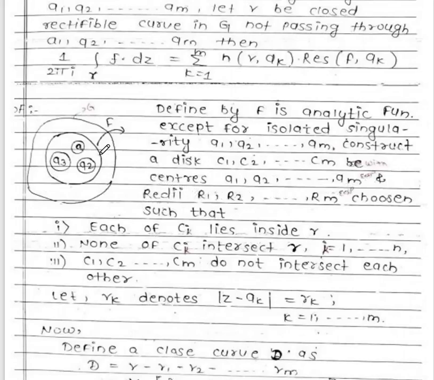Let us construct disks where c1, c2, ..., cm are the centers and a1, a2, ..., am are the singular points, with radii r1, r2, ..., rm respectively, chosen such that each of the ci lies inside gamma, where c1, c2, ..., cm lie inside the curve gamma. None of the ck intersect gamma, for k equal to 1 to m.